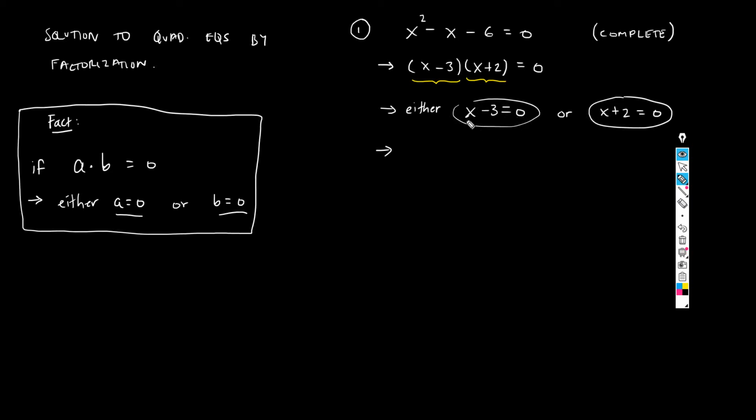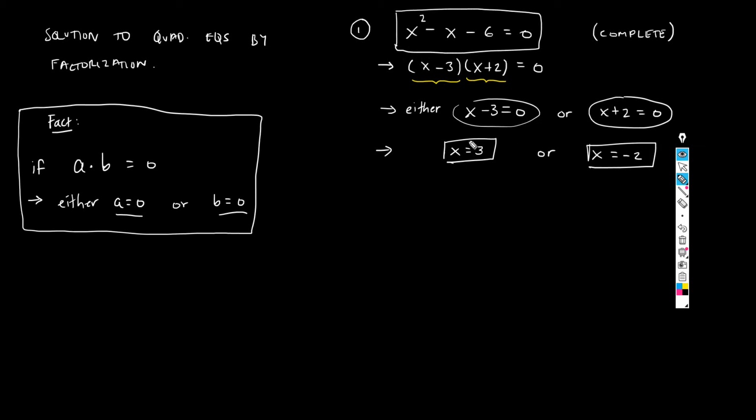So let's solve this equation. What do we get? We're going to get x equals 3, or if we solve this other equation, we get x equals minus 2. I'm going to frame this, because these two are my solutions to my original equation.